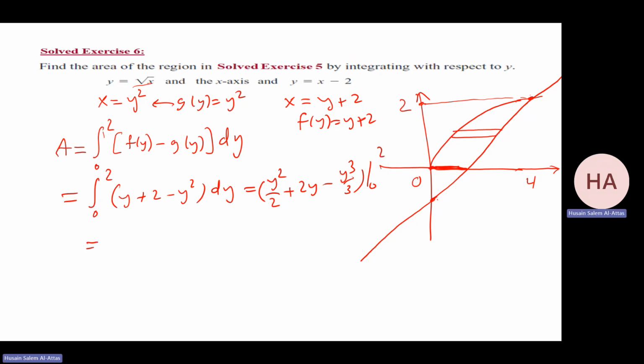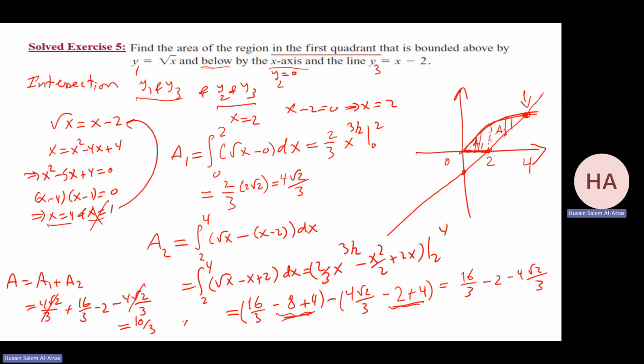That will be 2 squared, 4 over 2, which is 2, plus 4 minus 8 over 3. That will be 6 minus 8 over 3, because it's minus 0. That gives me 18 minus 8, 10 over 3, which is the same answer.